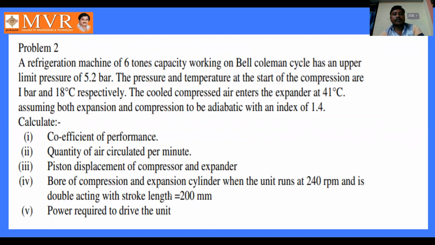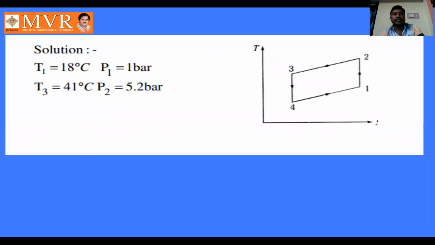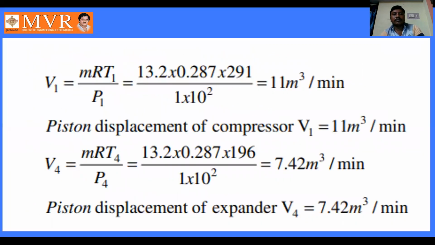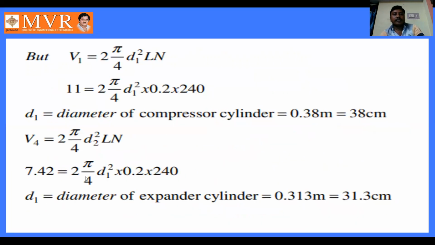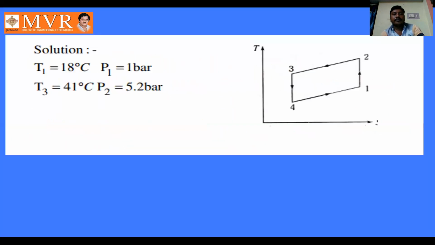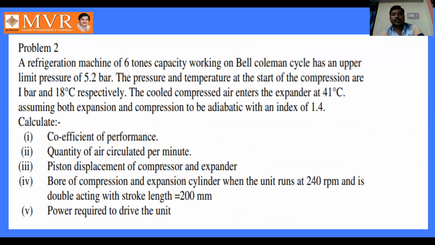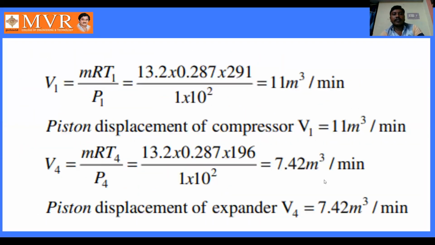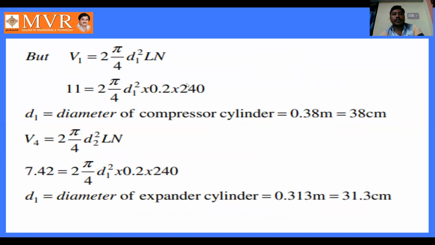See here, length of the stroke is equal to 200 mm. We are converting this into meters. Hence we have substituted here the value of length of stroke as 0.2. In the problem itself he has given the speed also, running speed 240 rpm. Hence we have substituted the value as 240.